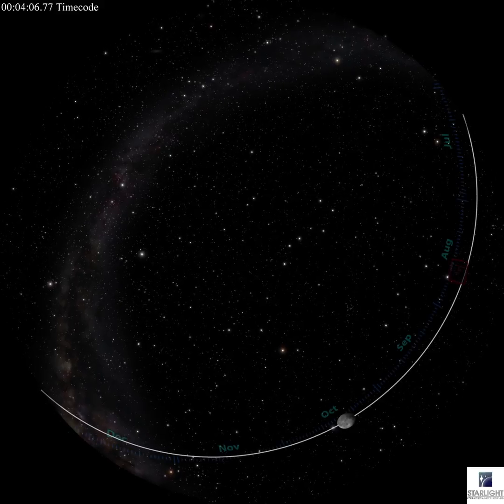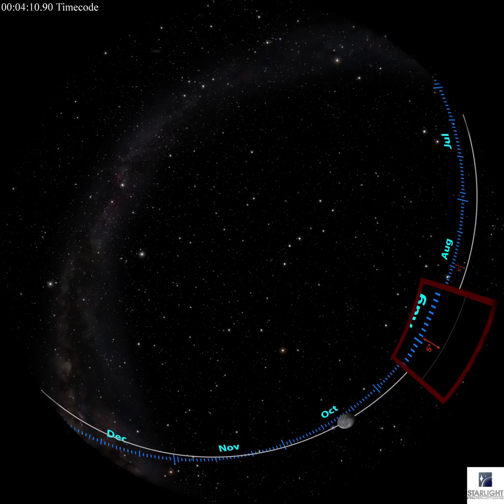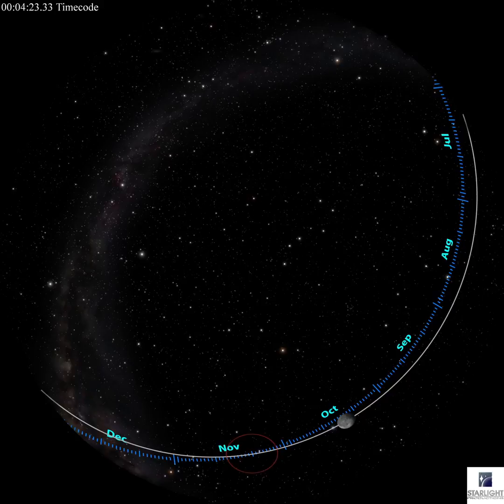Remember, the moon's orbital path and the ecliptic are tilted 5 degrees with respect to each other. The Sun-Earth-Moon system doesn't always line up, but these tilted orbital paths do intersect, and for a short time, the Sun, Earth, and Moon system lines up. This is when we can see a lunar eclipse.